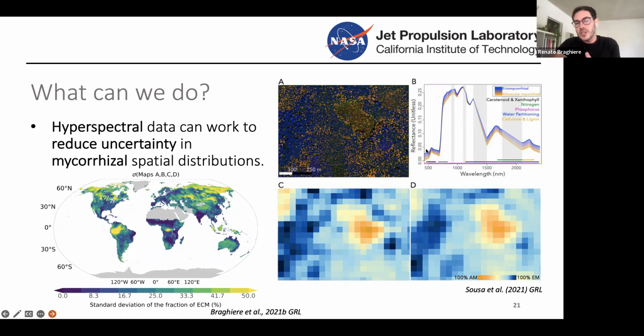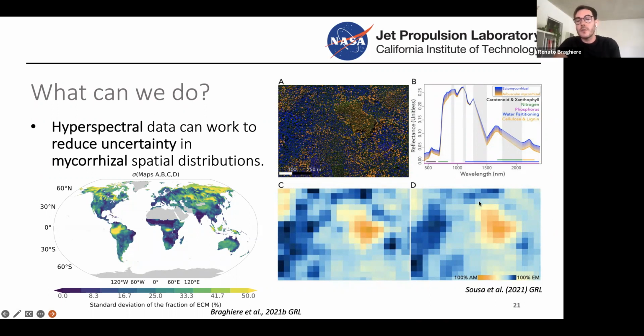And the hyperspectral data contains a lot of information about leaf health, leaf pigments, and nutrients in these leaves. By associating different parts of the spectra with different leaf pigments, we were able to create a model. And here's the actual data as seen by the satellite, and here's the model.